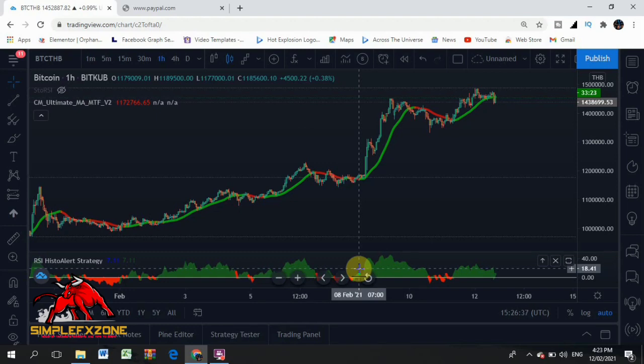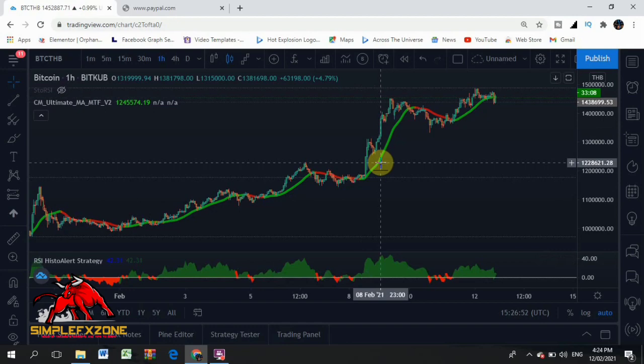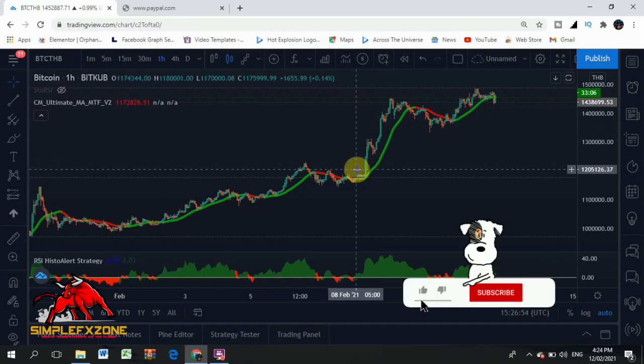When your RSI is green, that means it's above 50, and the market has crossed the 21 moving average up, because the strategy behind this line is a 21 moving average. So when it crosses up, then you enter your trade.